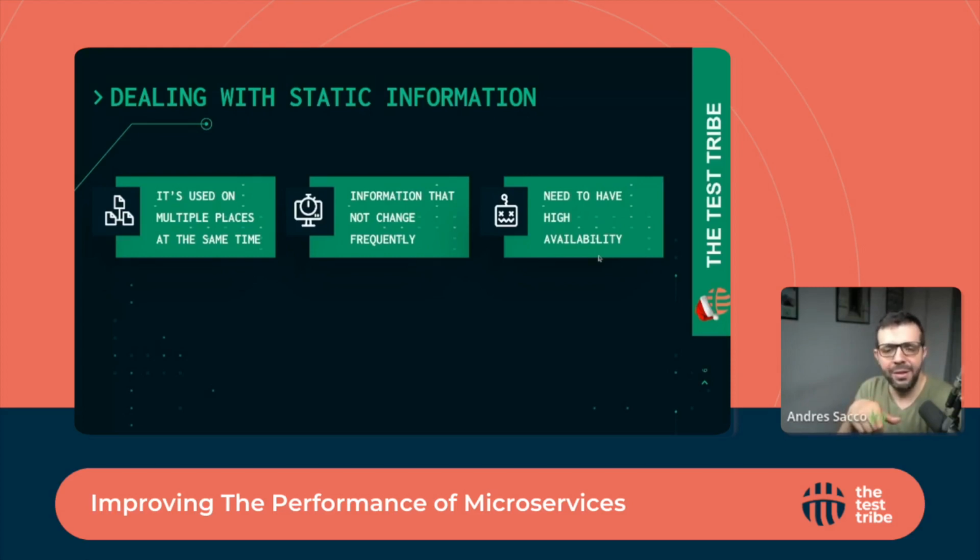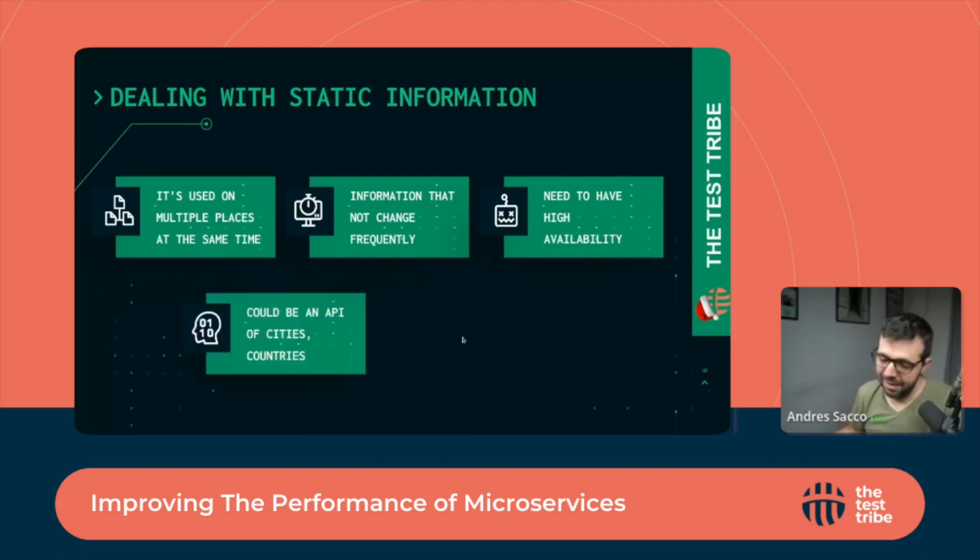What happens if you do many requests from one microservice, or the microservice that starts a specific flow, that does too many requests to another microservice? It will affect many other things that I mentioned before: the availability, the latency, the cost on your cloud provider. So this is so important.